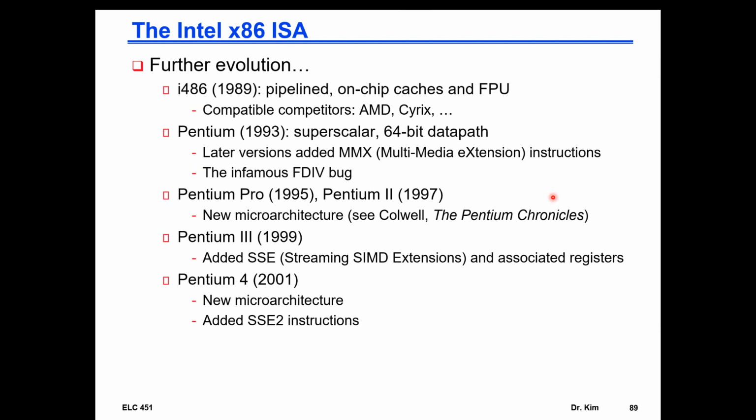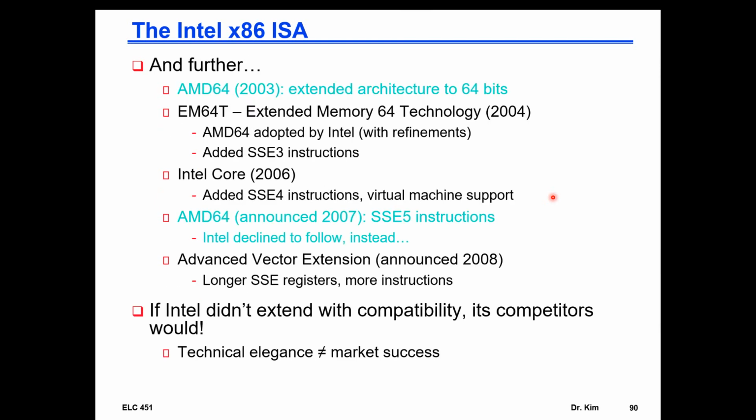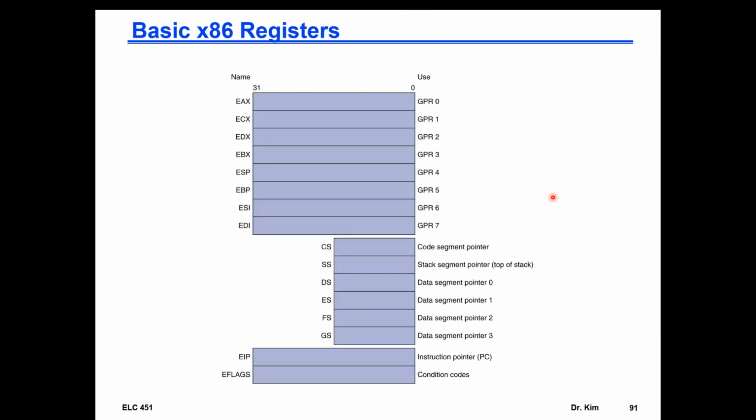The one idea that we do want to mention is that it is an architecture with complex instructions and very few registers. You can see here, this is the register file of the Pentium compared to, let's say, 32 64-bit registers for ARM.